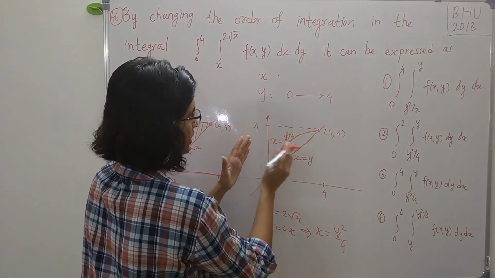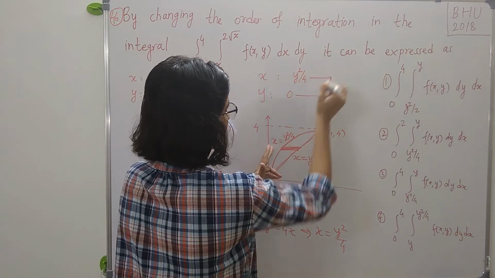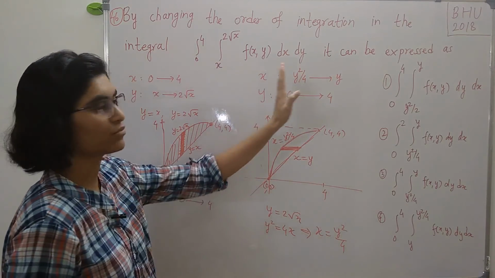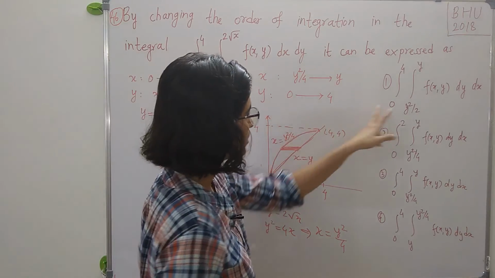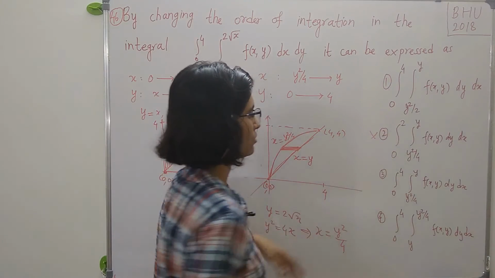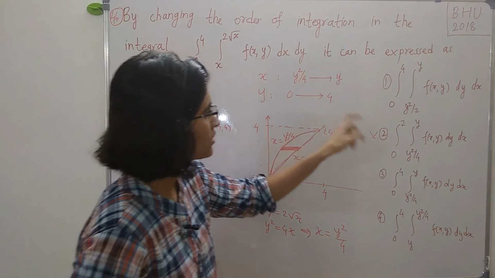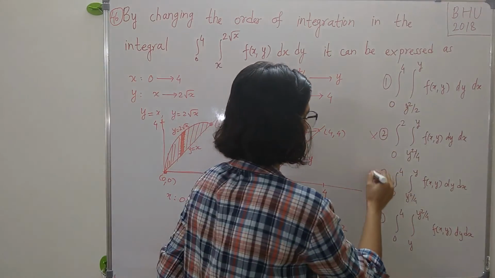So from left to right, x changes from y square by 4 to, this is x is equal to y, so y square by 4 to y. So y is varying from 0 to 4. So 0 to 4, but the other option says 0 to 2, so this is clearly not true. Now x is varying from y square by 4 to y. So y square by 4 to y. So this is the correct option.